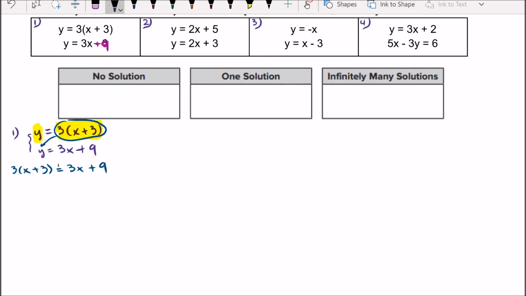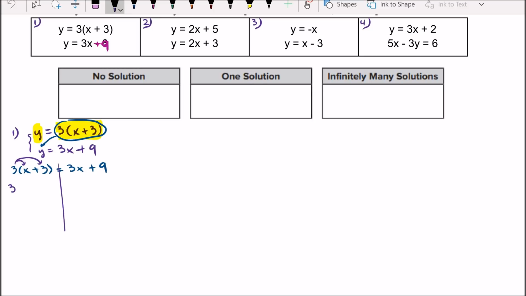Okay, we're going to solve this equation like usual. So first of all, parentheses mean multiply. If you have more than one term, it's called distribute. It's just a different way to say multiply with more than one term. So we're going to distribute 3 into the parentheses.